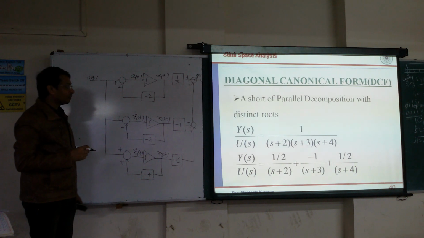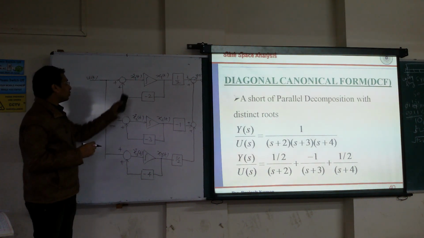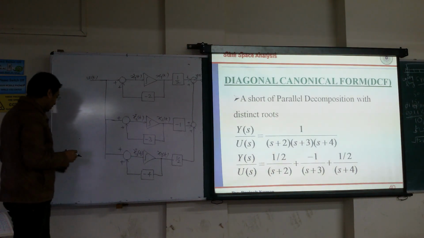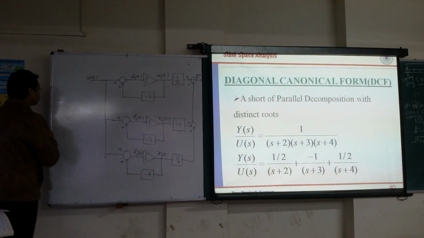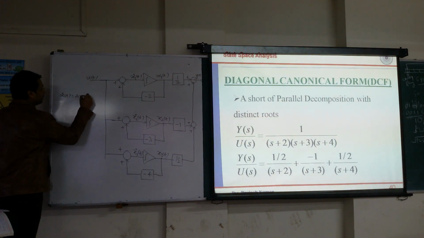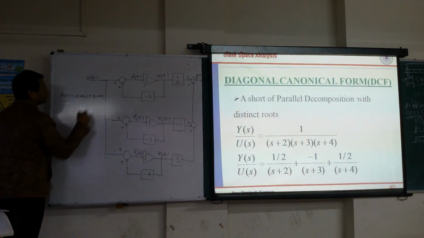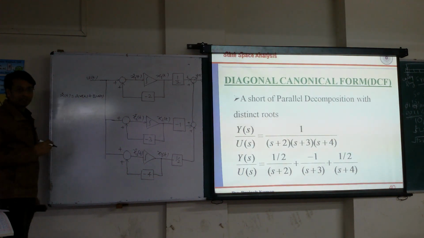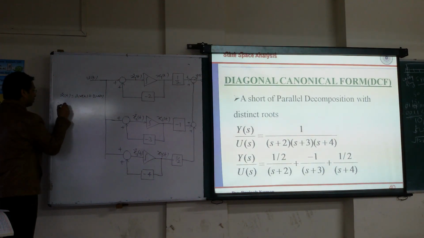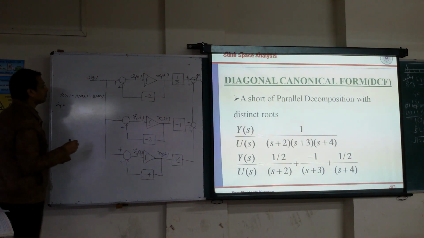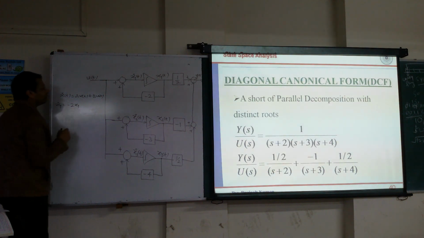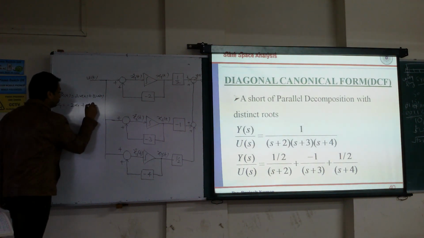Correct? Well, now try to write down x1 dot is equal to what, x2 dot is equal to what, x3 dot is equal to what. Okay? Why? Because our aim is to get x dot(t) is equal to A x(t) plus B u, where x dot is your state vector. So x1 dot will be equal to minus 2 of x1 plus u(t).